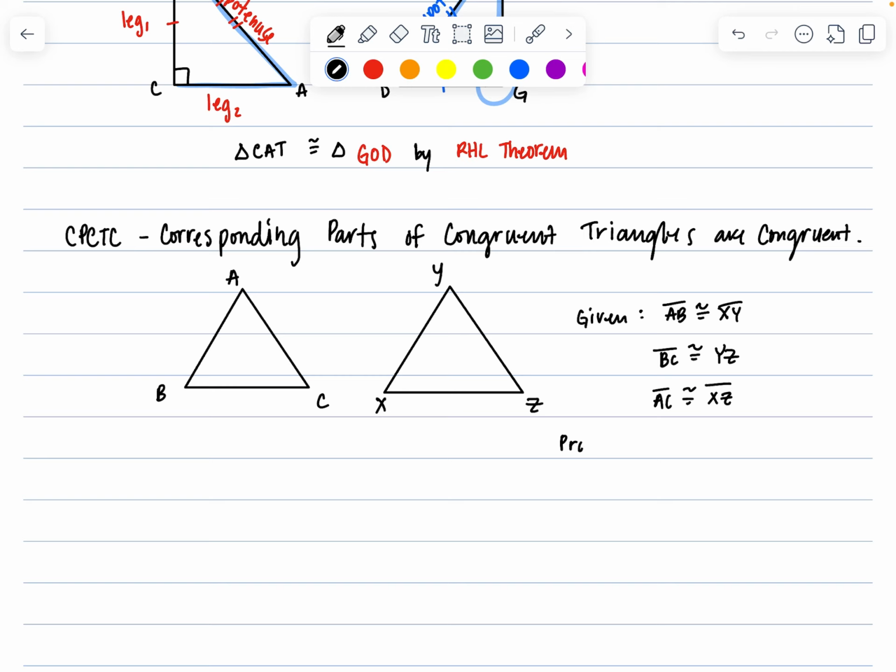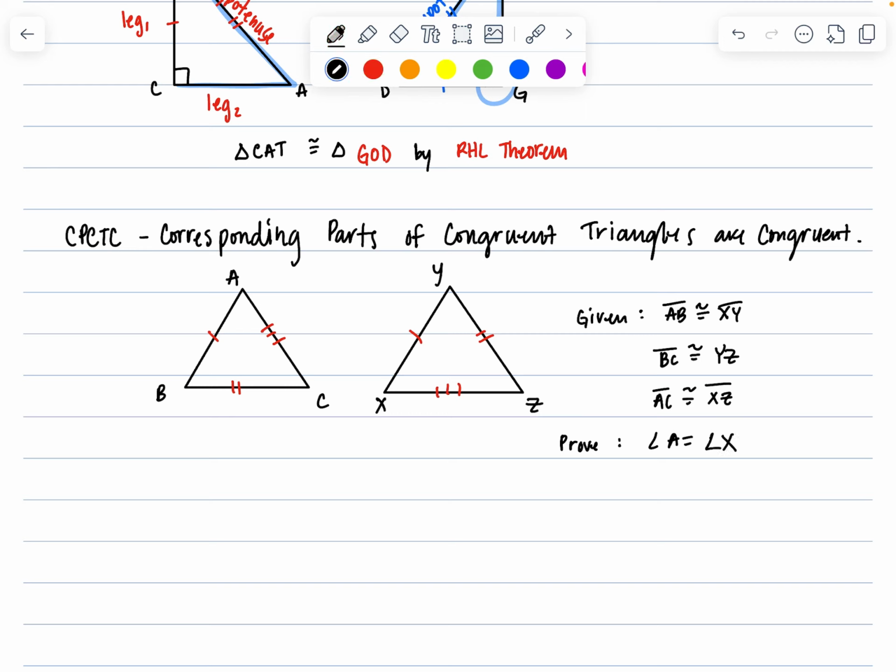We want to prove that angle A is going to be congruent to, and let me see if I get this order right, AB to XY, and then BC to YZ. I really should have done this in order, but that's okay. Angle A, let's mark this. Tick, tick. BC is congruent to YZ. And then 1, 2, 3. 1, 2, 3. Angle A would be congruent to angle X.